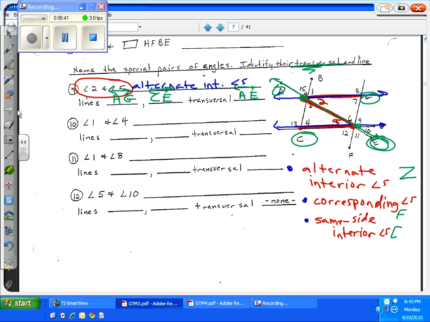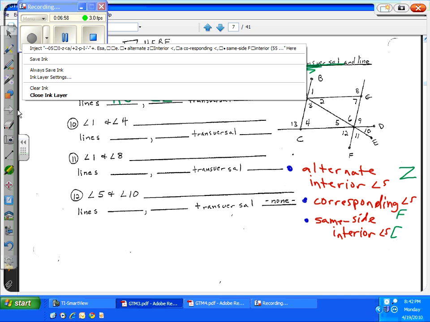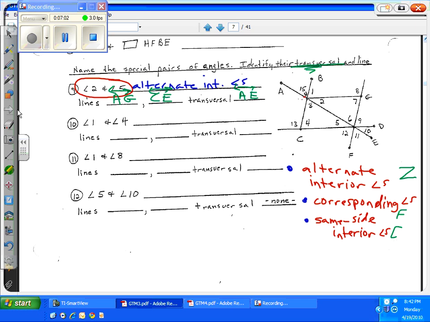Okay, let's just do number 11. Angle 1 and angle 8. So we will find the vertex of angle 1. You probably see that I made a mistake. That's an A right there, and I drew that line. This should be line HG.